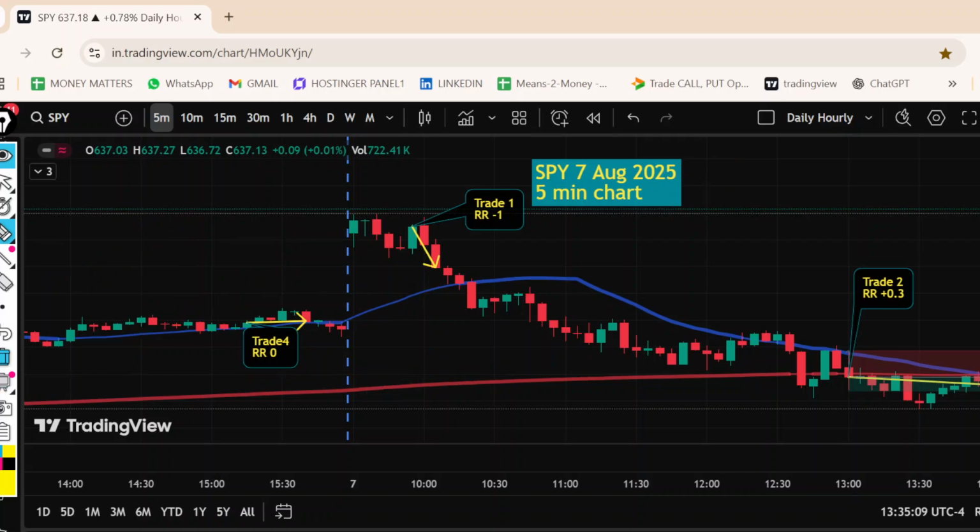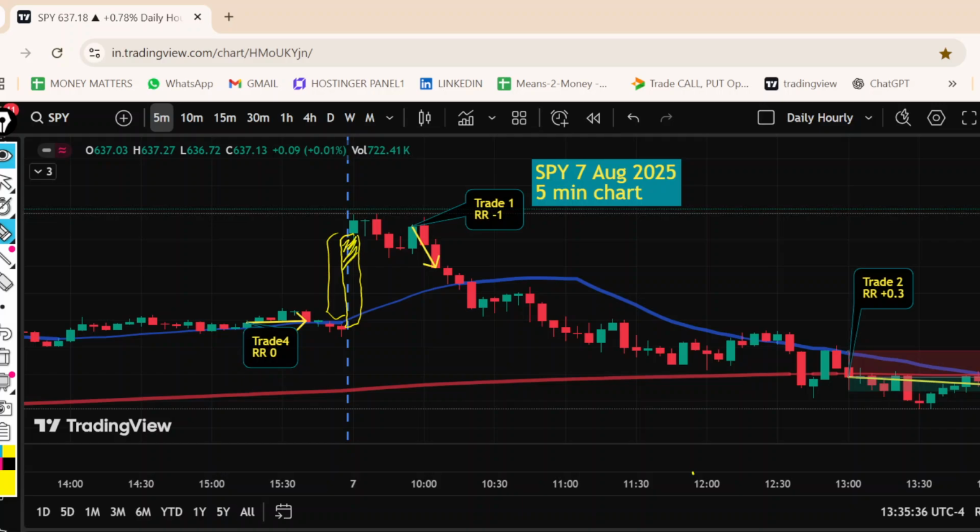Okay, so let us see the first candle of the day. It has gapped up by so much. Whenever there is a gap up from the previous day, for analysis purposes we need to join the previous day close with the current day's open.